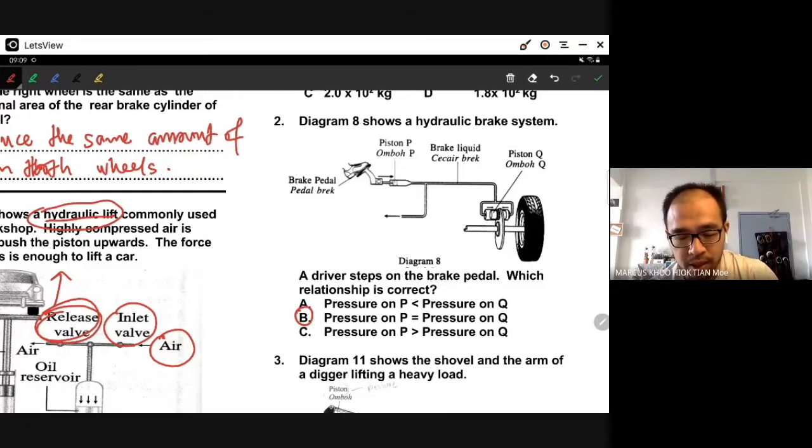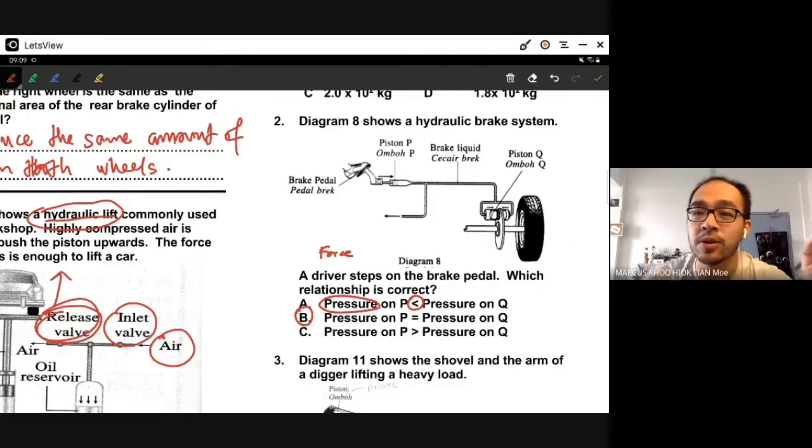Iqbal, this is correct if the word here is force. If the force on P is less than the force on Q, I'm so sorry for the noise out there, but just deal with it.